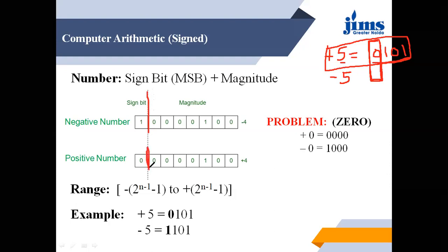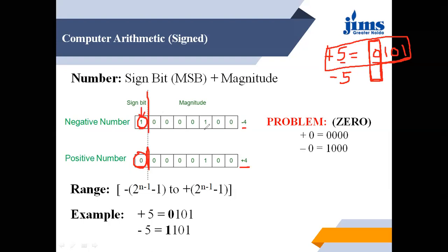So in signed form, we use the most significant bit to save whether it is a positive or a negative number, where 1 is going to represent a negative number, and if there is 0 in the MSB, then it is going to represent a positive number. This is a sign bit.